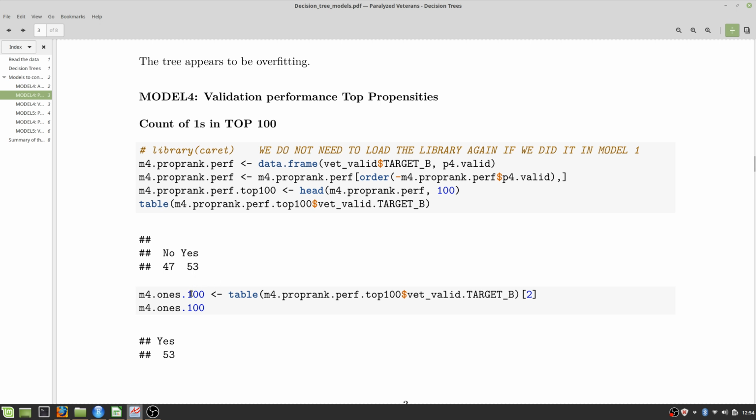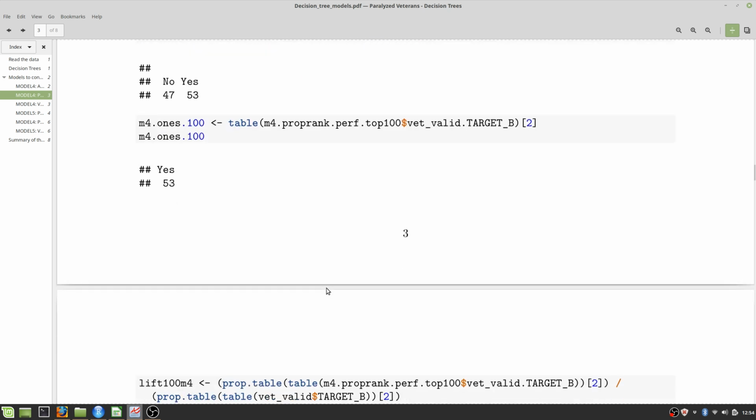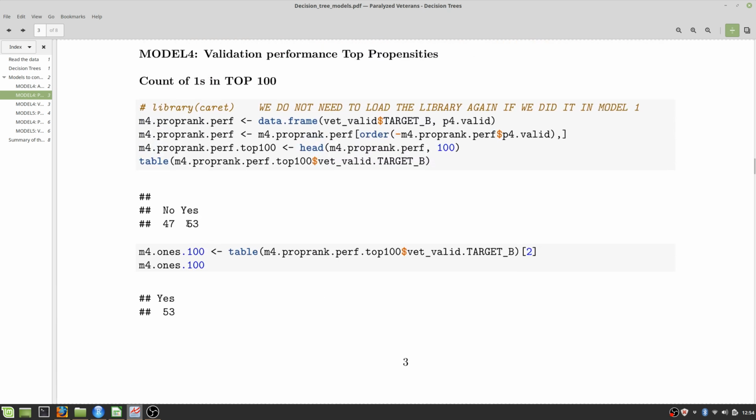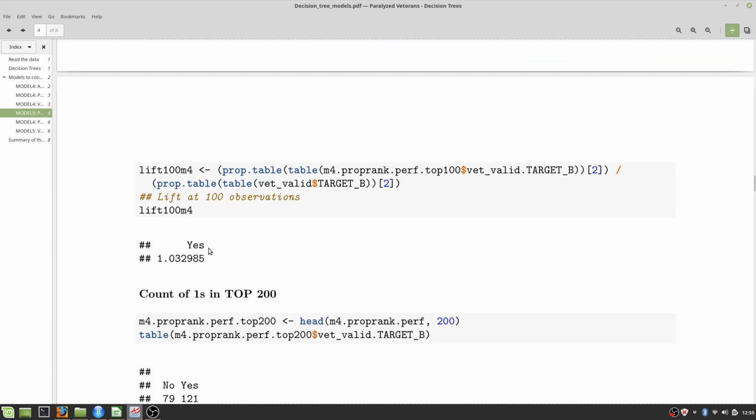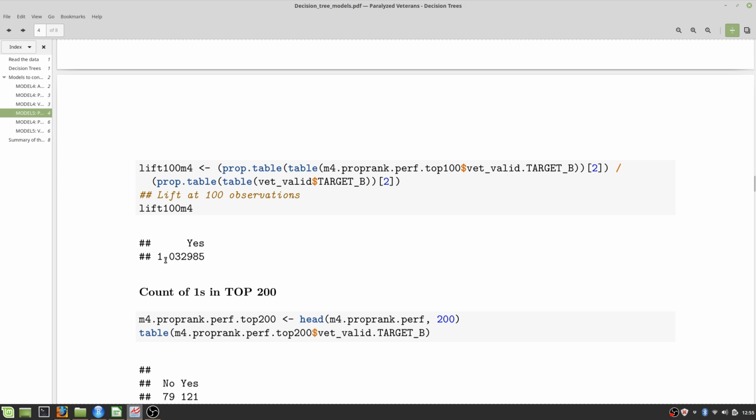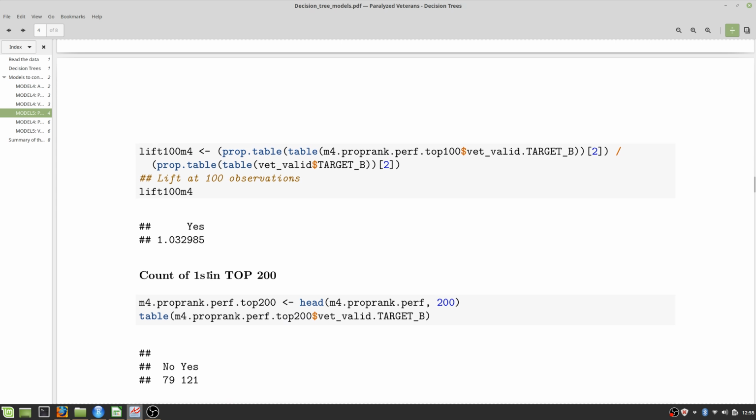We found that in the validation, 53 of the observations were customers who donated out of the 100. That is a little higher than what is expected, which is 50, so the lift is just 1.03 in that case.